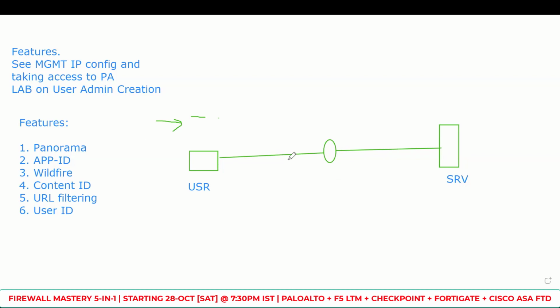So instead of identifying traffic using a port number such as 80 or 443 or whatever, you are accessing the application using its application name itself. So using this application ID signature, imagine you're reaching a protocol called HTTP.